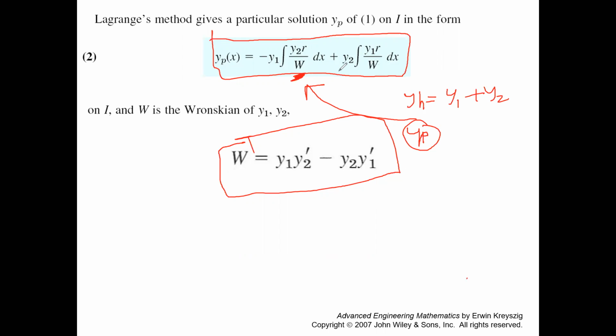So this gives you a way to solve a non-homogeneous ODE with prior knowledge of your homogeneous solution, but not on the table set for particular solutions. And this actually applies not only to second order, but also to higher order.